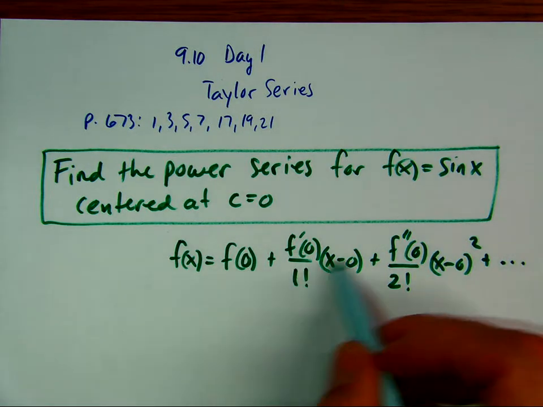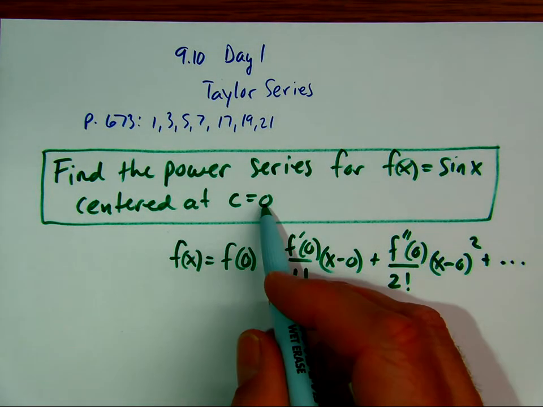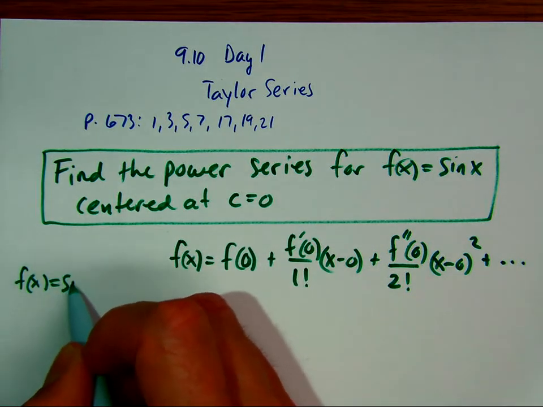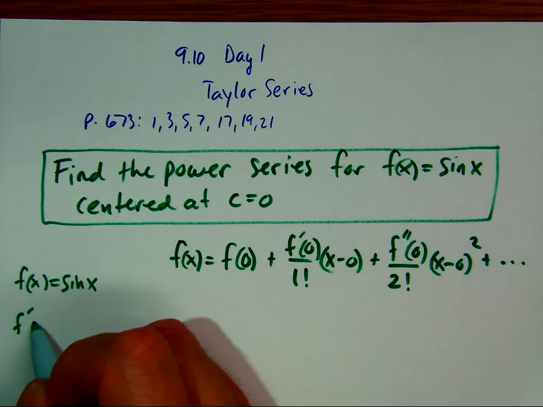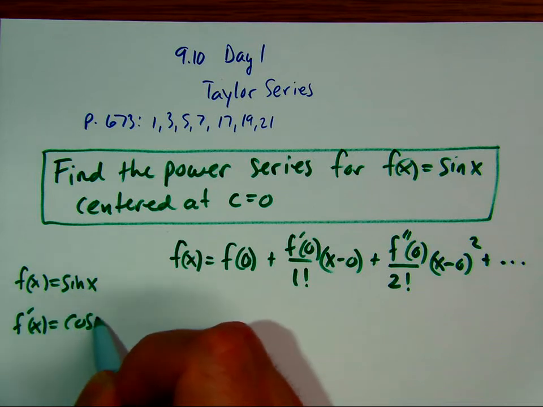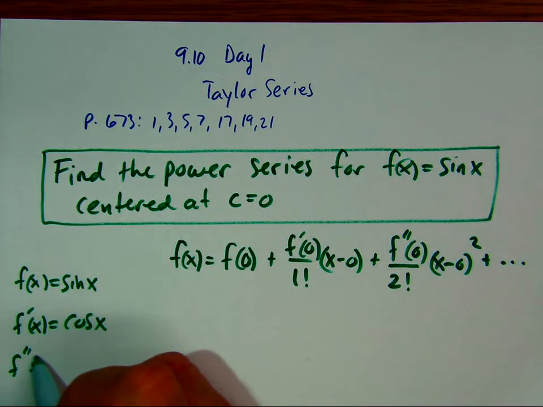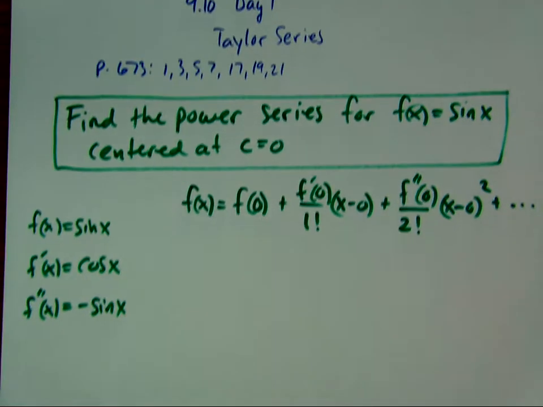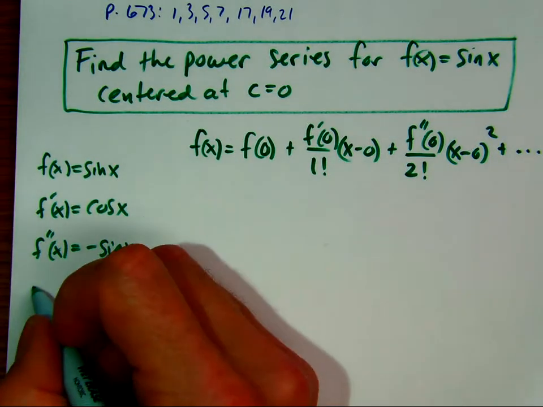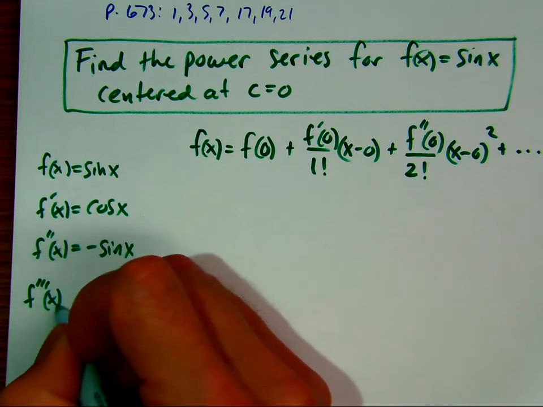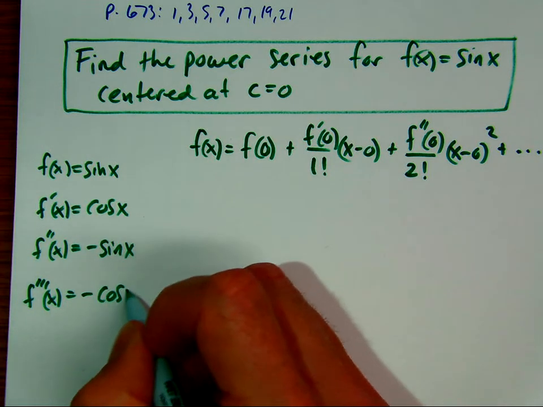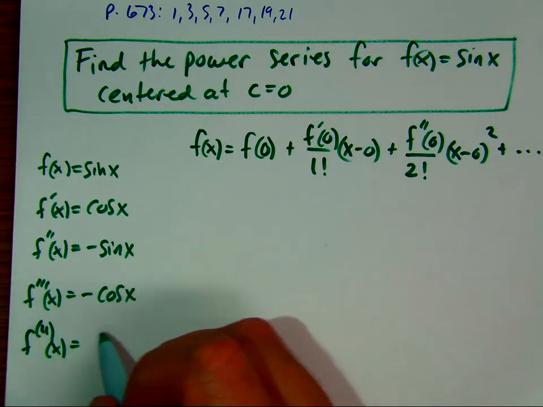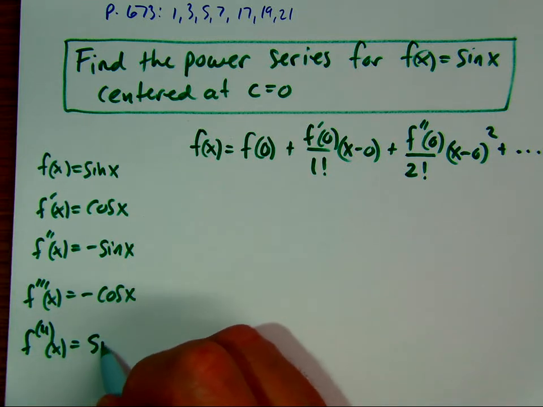So we need to find derivatives of sine at 0. And we could say f of x is sine, f prime is cosine, second derivative is negative sine, third derivative negative cosine, fourth derivative is sine.